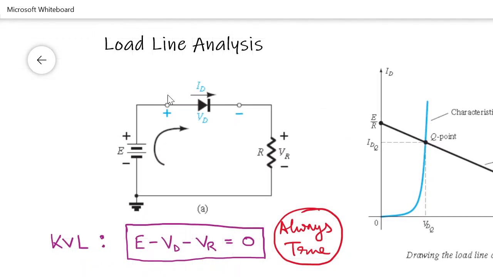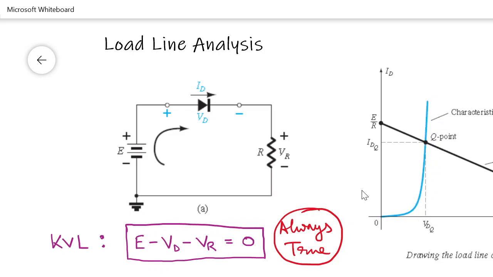You should always remember that these two tools are always there to help you out. So we apply the KVL here, and we see E minus VD minus VR equals 0. This is always true. So this has to be true, as well as the diode characteristics has to be true.